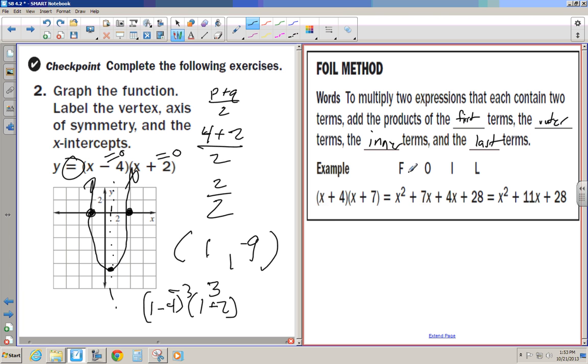So basically, first, outer, inner, last. So x times x is x squared, x times 7 is 7x, 4 times x is 4x, 4 times 7 is 28. And then when you combine like terms, that becomes 11x.